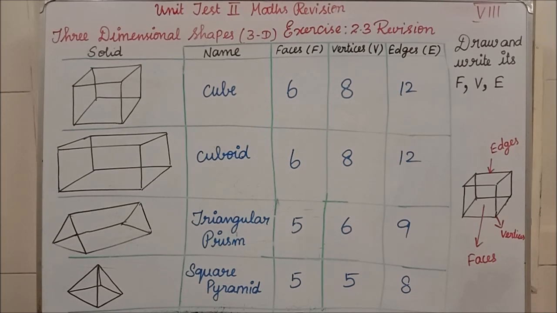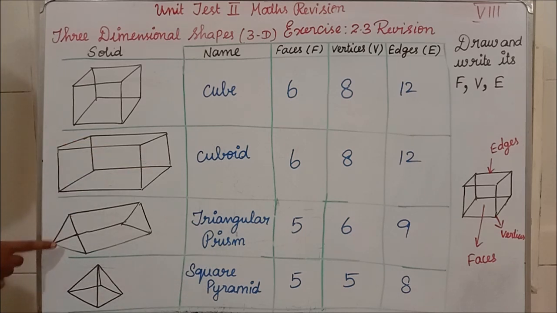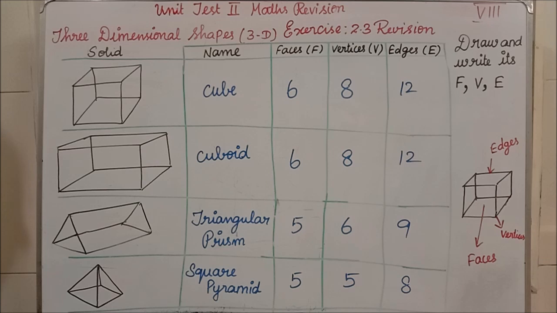Students, I am going to explain the triangular prism's vertices now. Vertices means corners. We have written 6 vertices: 1, 2, 3, 4, 5, 6. Edges means a line segment between faces.